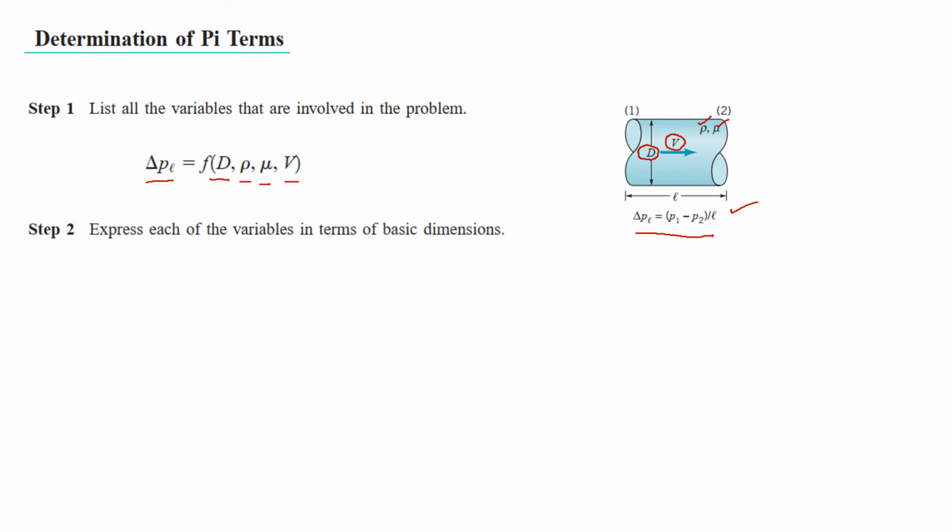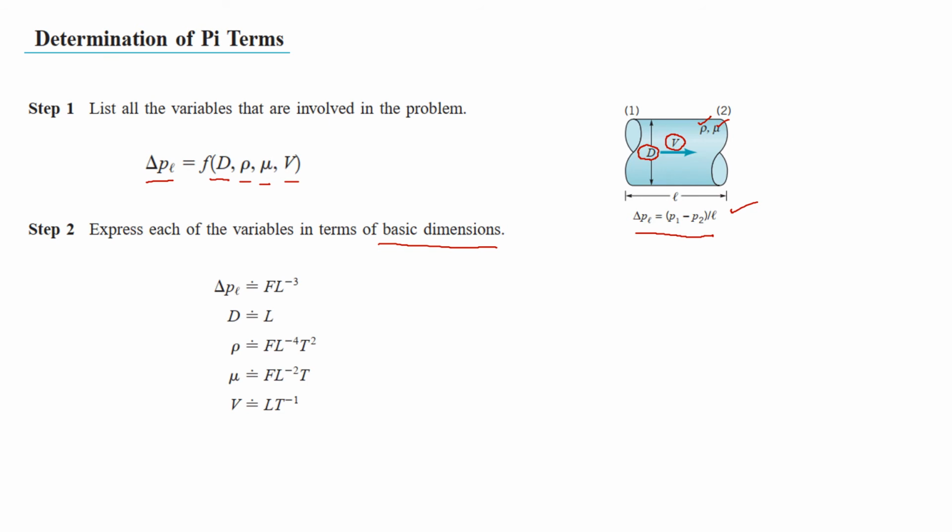In the second step, we will express each variable in terms of its basic dimensions. So we know that our basic dimensions, as we saw, can be FLT, that is force, length, time, or MLT. So we will represent these variables in terms of these basic dimensions, and let's do that.